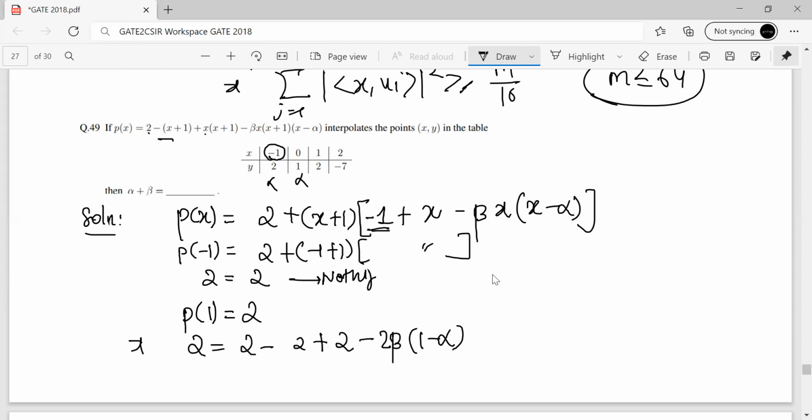I see that all the 2s get cancelled. So this implies minus 2 beta into 1 minus alpha will become 0. So either beta equal to 0 or 1 minus alpha equal to 0.